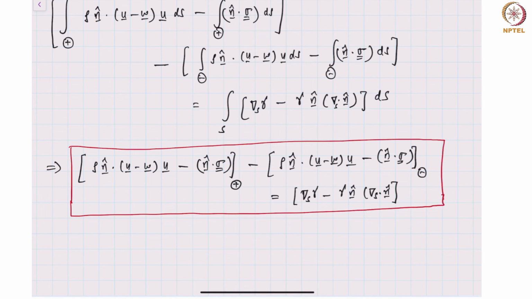In the above expression, the stress tensor sigma has the pressure term plus the viscous term of the deviatoric stress.